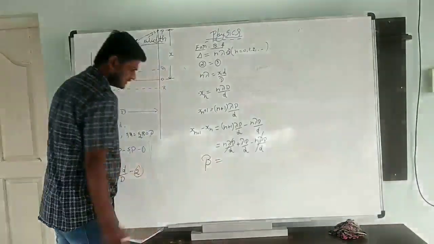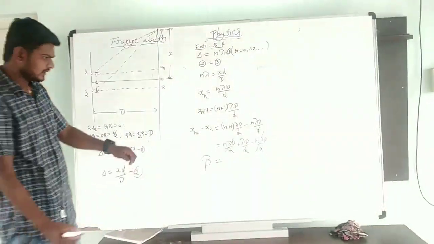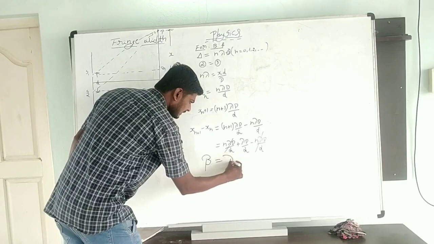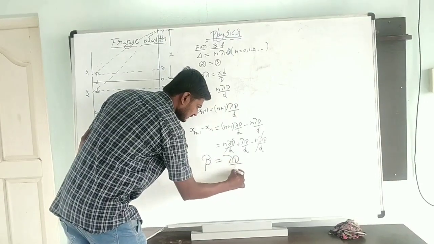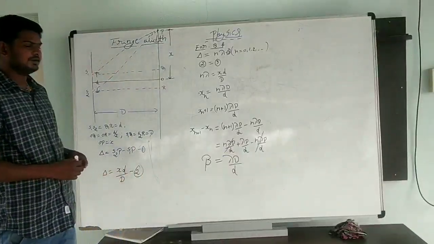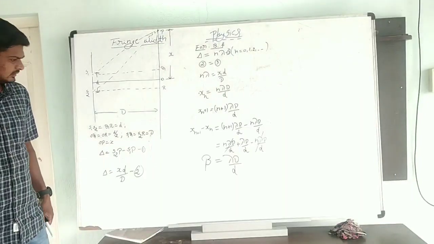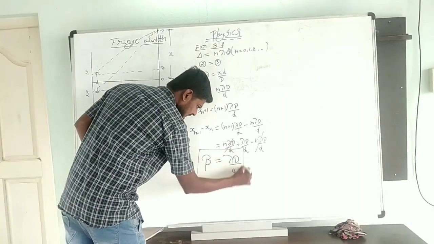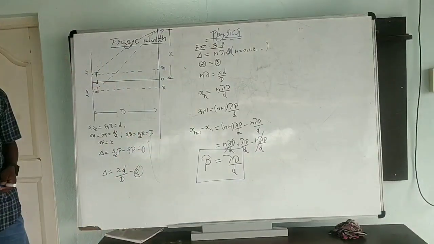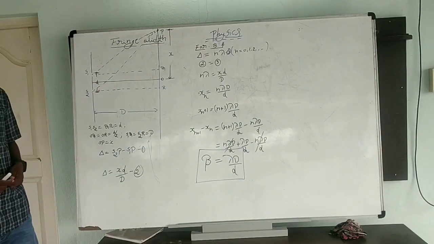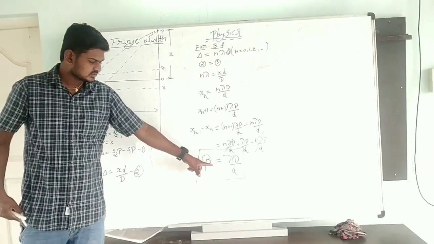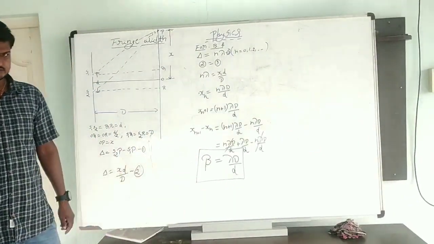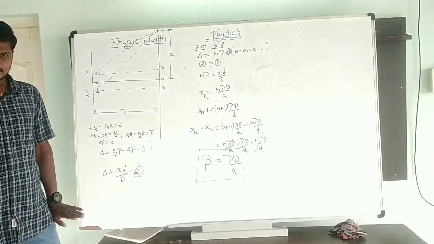Beta is the fringe width, which is lambda D divided by small d. Clear? This is the fringe width, the distance between two successive bright fringes.